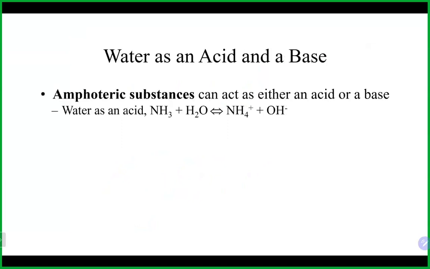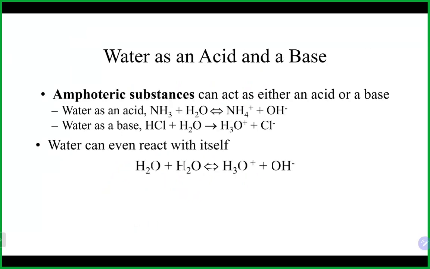All right. So as I mentioned before, there are certain things that can be amphoteric, which means it can act as an acid and base. And those are the 2 examples we saw earlier. We have in one case water acting as the acid, which is the top part here, again, donating the H plus. And in the other case, it's acting as a base, it's going to accept the H plus.